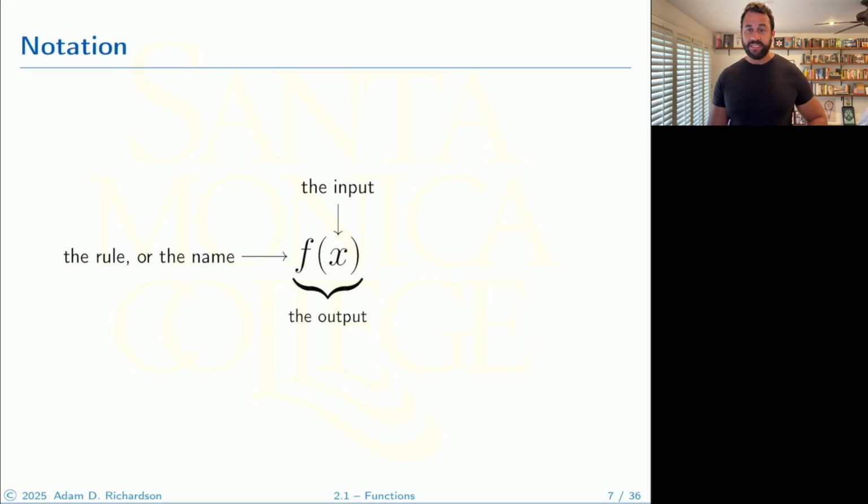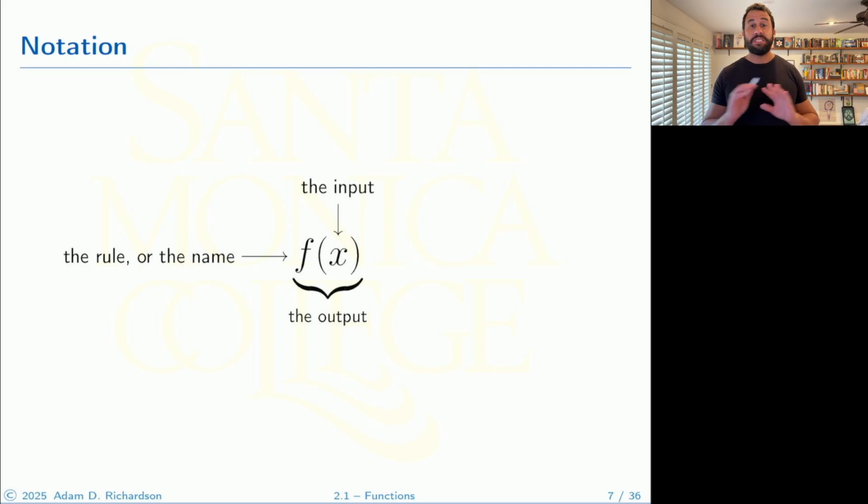Okay, now we got to talk about the notation, and this notation is absolutely critical. In my experience, the only reason that students struggle with functions is because they're not making sense of this notation well enough. So we're going to look at the anatomy of this notation very carefully right now. This is the symbol that we're looking at. When you see this symbol, it is pronounced f of x. And what does each one of these little pieces mean? Well, the symbol inside these parentheses represents the input.